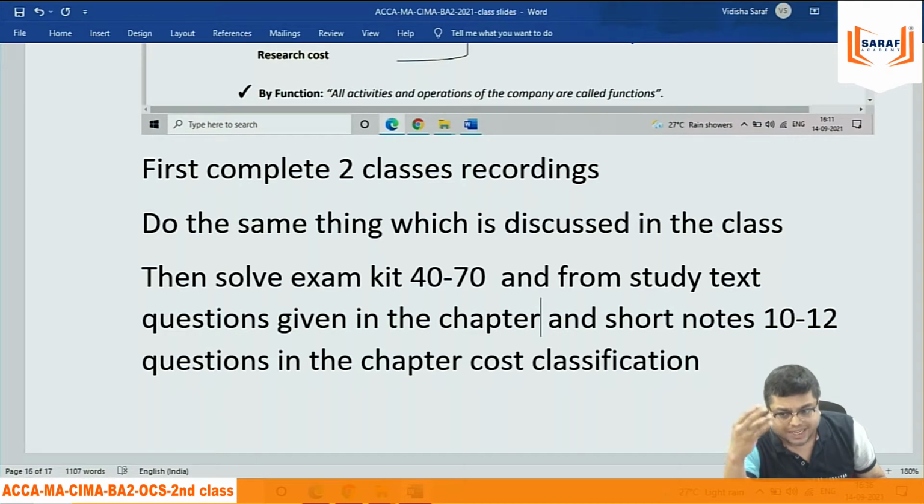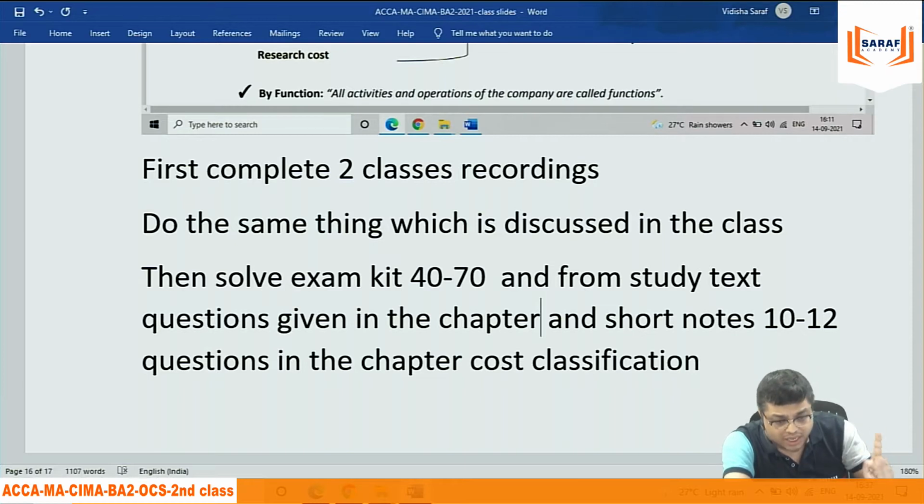Other than that, direct, indirect, production, prime, behavior, semi-variable, the bifurcation, do all. Whether you do or not, in the next class I will do all the questions and whatever small area is left, which will take around 20-30 minutes to explain: cost center, cost unit, cost object, then cost codification. We will complete this topic in the next class.